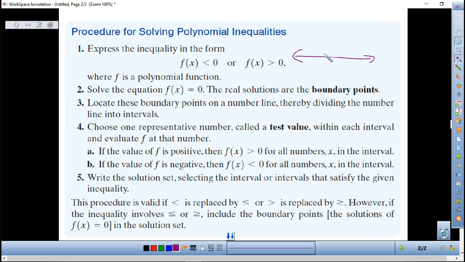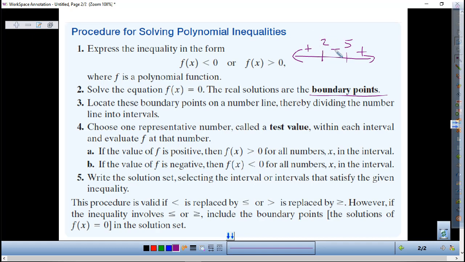For instance, with that last example we were looking at, remember the x-intercepts were at 2 and at 5. And we found out that it was greater than 0 here, less than 0 in between 2 and 5, and greater than 0 over there. So once we find these boundary points, we're going to draw a number line and let those boundary points be on there and determine what's what.